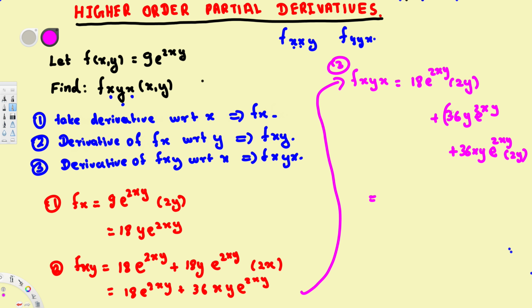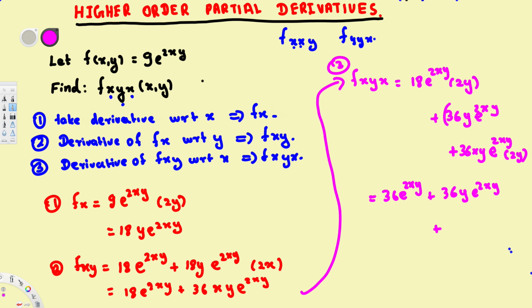So finally we end up with 36 e power 2xy, and on the other side we have 36y e power 2xy, and then we have 36xy.